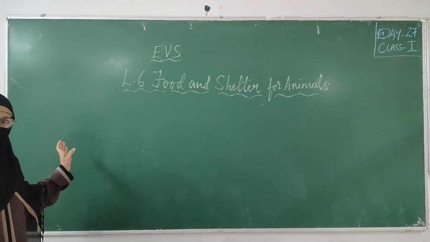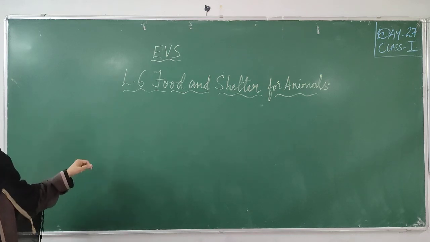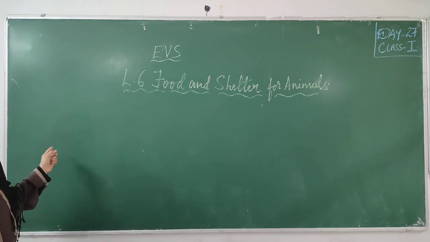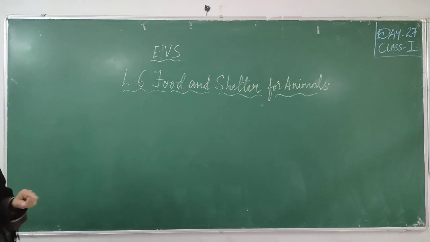The baby of cow is called calf. The baby of deer is called fawn. Lion, cub. Tiger, cub. Dog, pup. Cat, kitten. These are examples of animals and their babies. The baby of a sheep is called lamb.